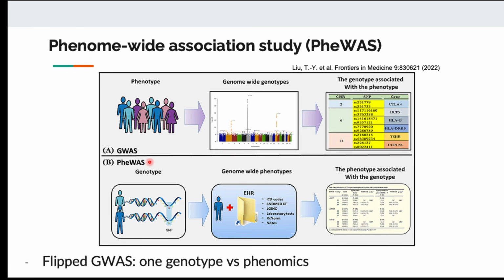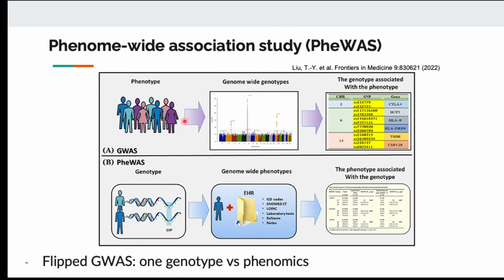if you collect a lot of phenotypes, we have a reverse analysis called PheWAS, phenotype-wide association study. In this case, we're going to look at all the phenotypes, so let's say the entire medical record of the patient. And we have genotype. We're going to pick just one variant position.